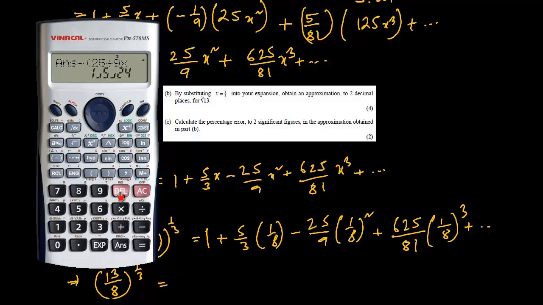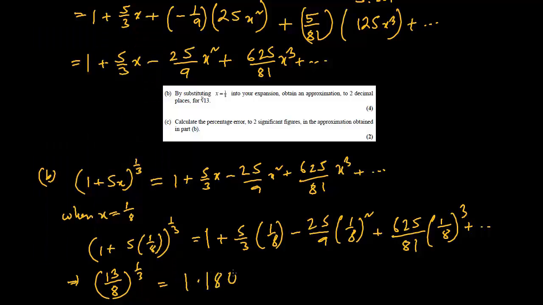I should use another bracket, this is a bit tricky putting the value, divided by 9 into 64, bracket closed, bracket closed. Okay, so we get this, plus 625 divided by, let me use the bracket again, 81 into 8 cubed, bracket closed, and this turns out to be 1.18, 1.18000.